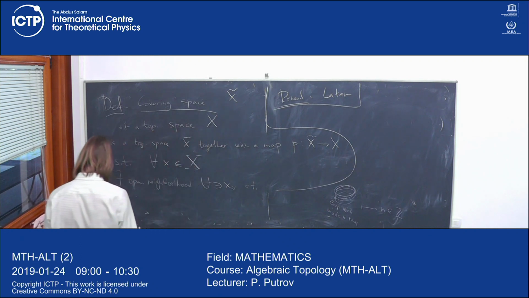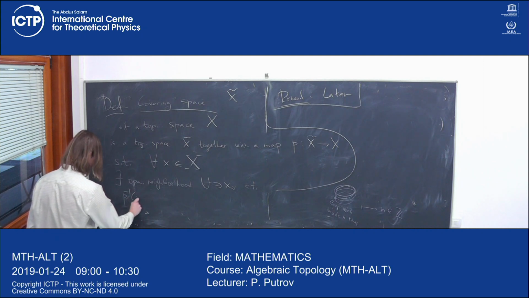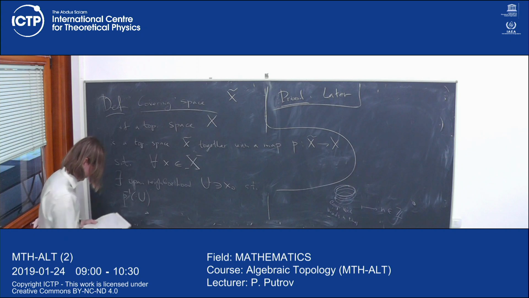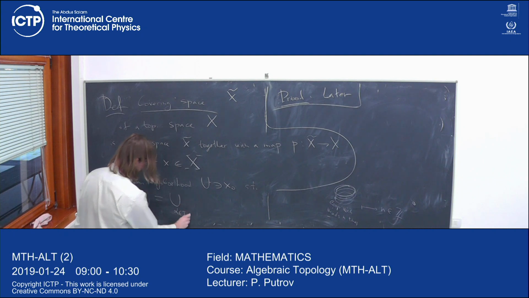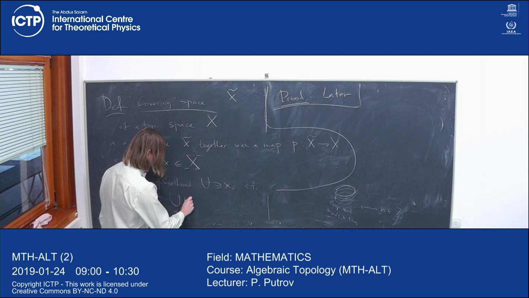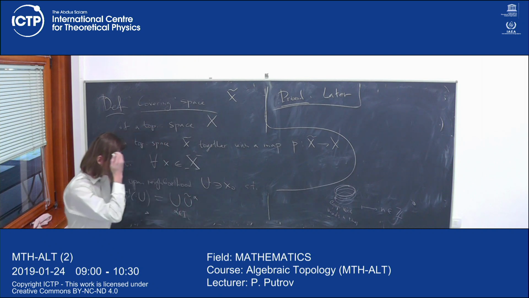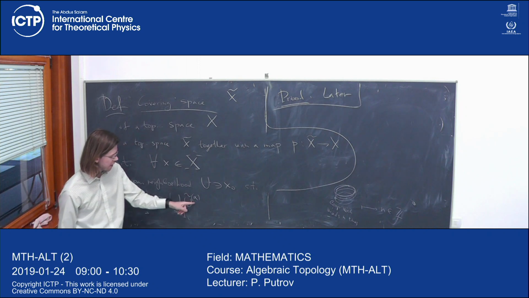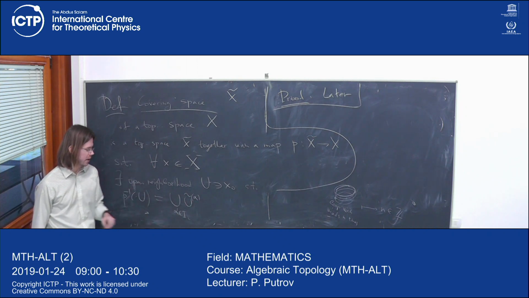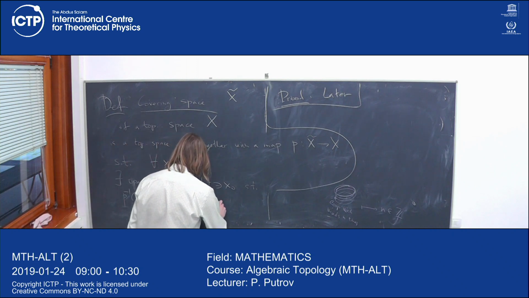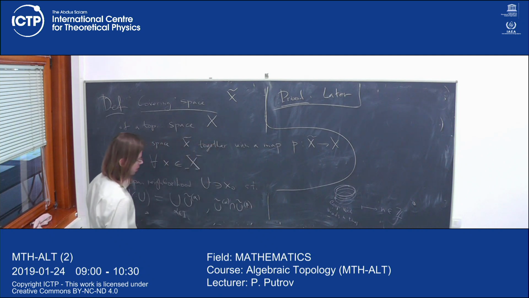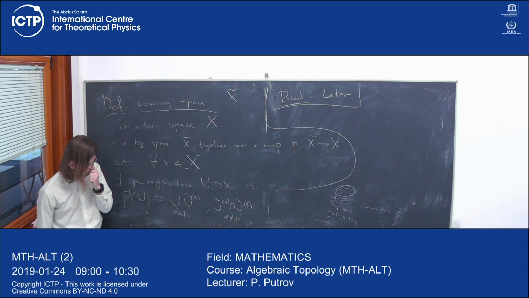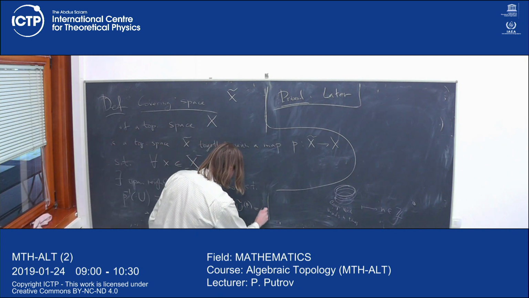such that the inverse image of U under the map p is a union of open sets, denoted by U tilde with index alpha, where alpha runs over a certain set, so that each pair of different ones is disjoint.